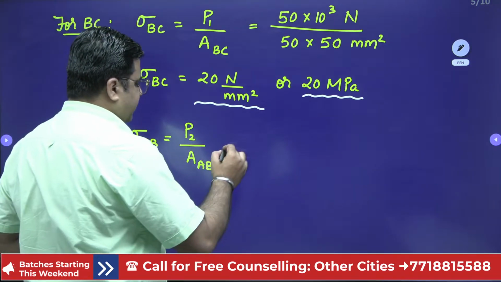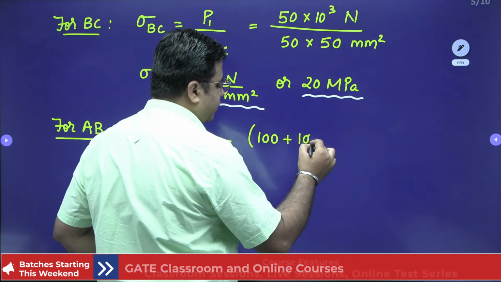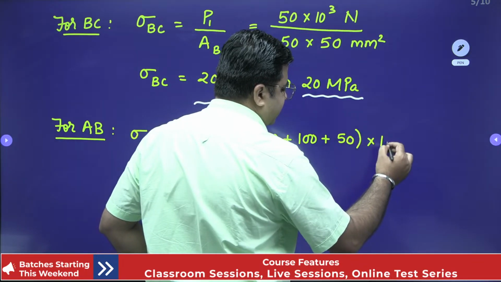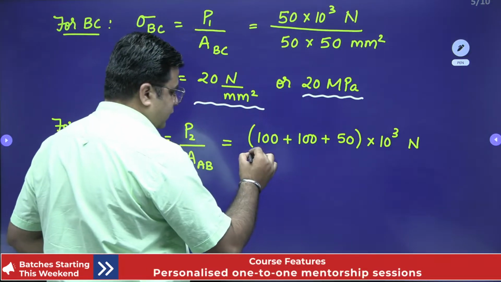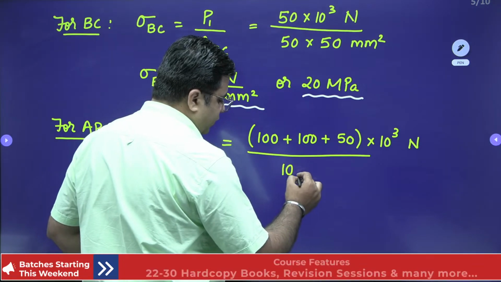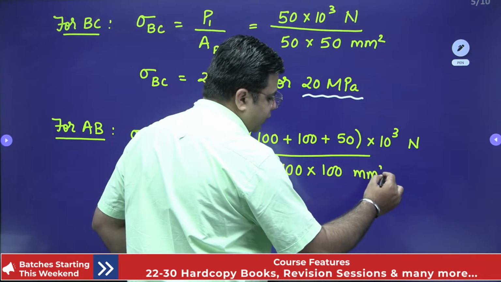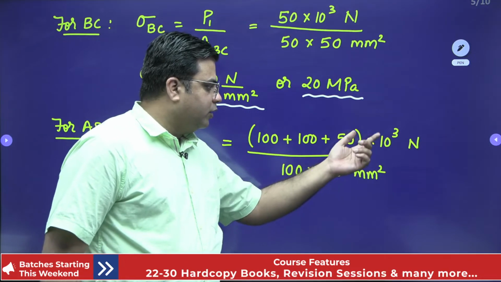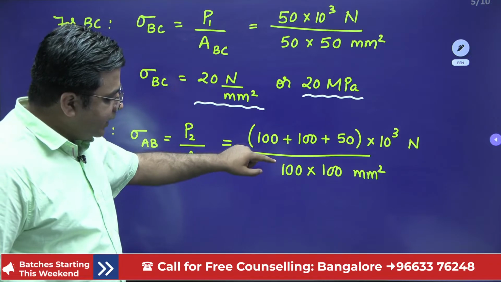Load in AB is 100 plus 100 plus 50 kilonewton, and since it is kilonewton, 10 raised to power 3 converts it to Newton, divided by the area of the member, that is 100 cross 100 in mm square. So this is 250 kilonewton, 250 into 1000, divided by 10,000.